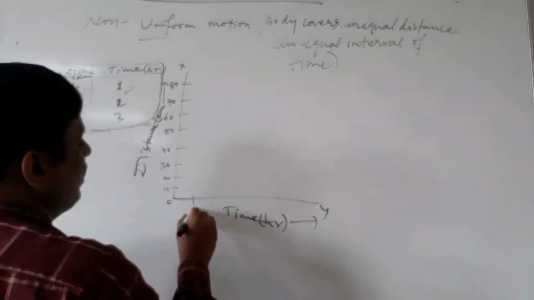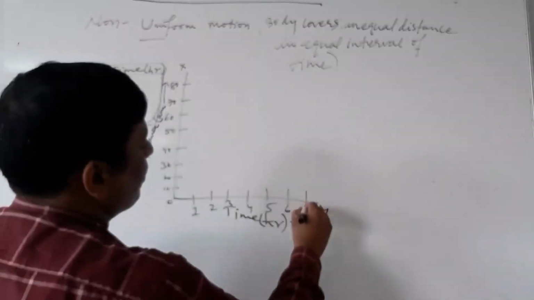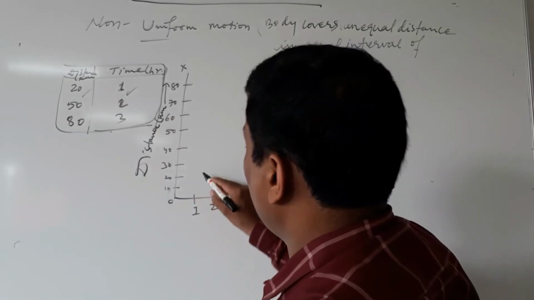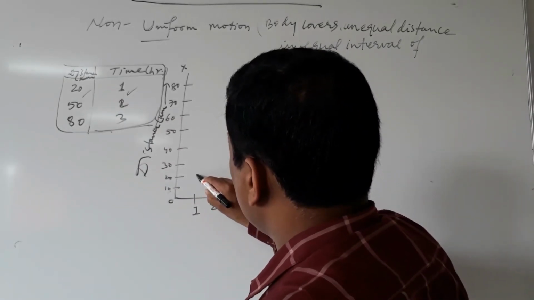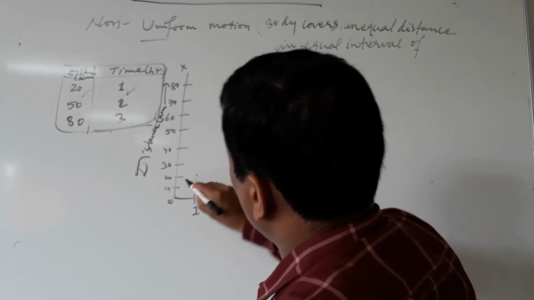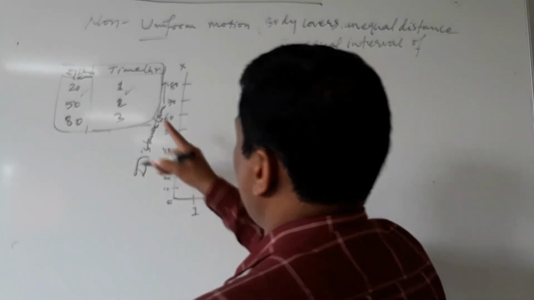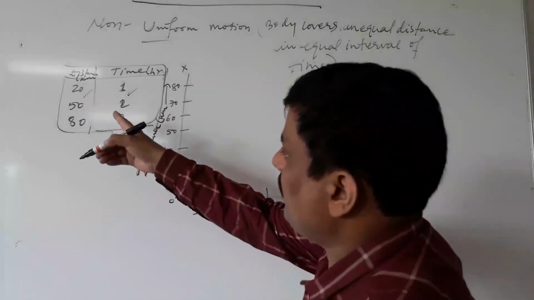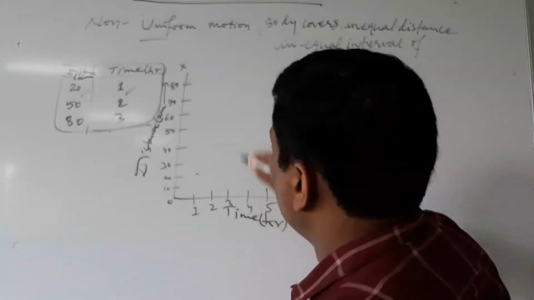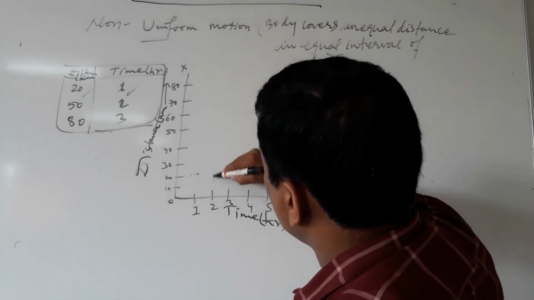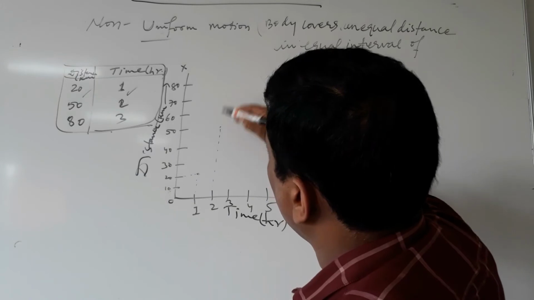Here 1 hour, 2 hour, 3, 4, 5, 6 and 7, like this. Just see here, 20 kilometer in first hour. It means here you just put a dot and just join through dotted line by using the scale. Here in first hour 20 kilometer, in second hour means in 2 hour 50 kilometer. You just mark here, just dotted line from here and mark here.